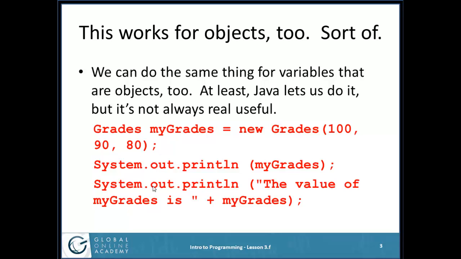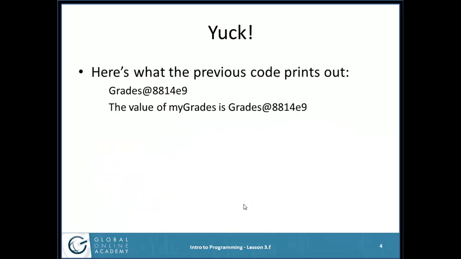Going back to the example that we did in the practice video, suppose I've got a class called Grades, and I create an object called myGrades that I start as a new Grades object with test scores of 100, 90, and 80. Then I do System.out.println(myGrades). This will work. This will print something out. Or I can do System.out.println("the value of myGrades is" + myGrades). But what's going to get printed out?